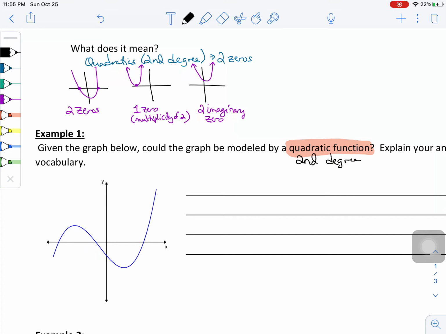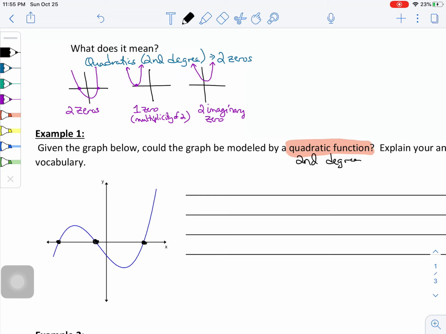If it's second degree, that means it has two zeros. But the problem is this particular curve has 1, 2, 3 zeros. So no, this particular graph cannot be modeled by a quadratic function.